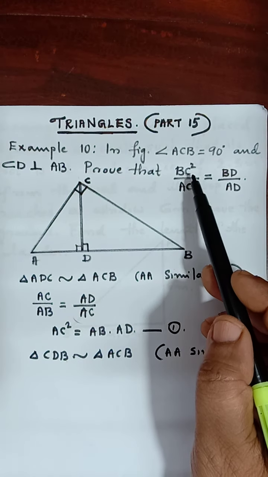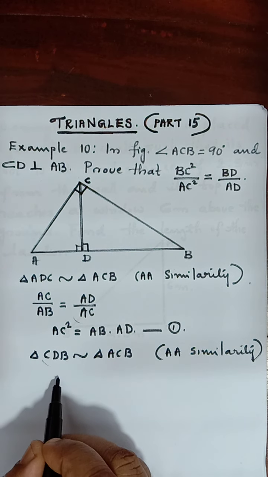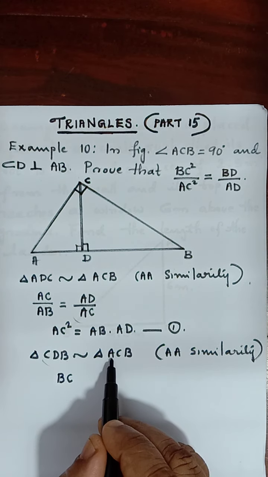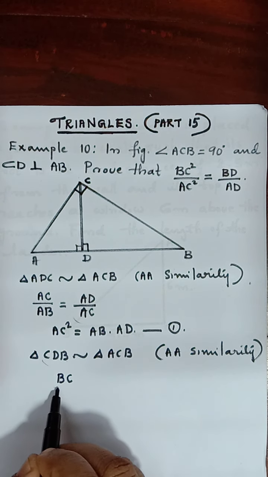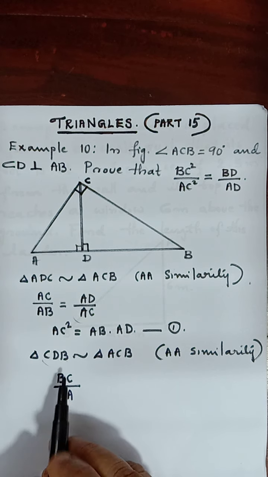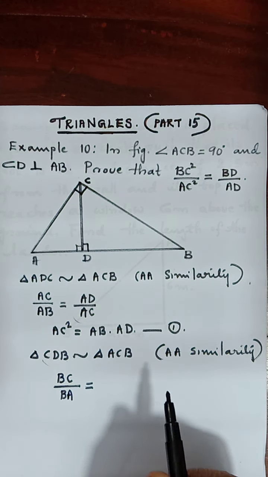Now, in order to get BC square, let us have BC first. BC. See third and first. Here third and first again. That is BA. BC by BA is equal to.